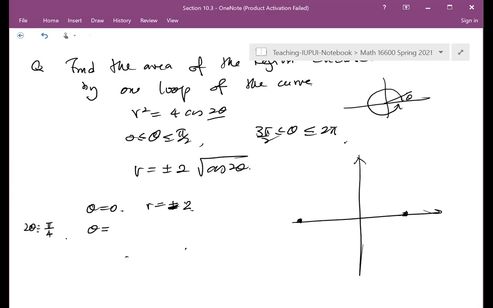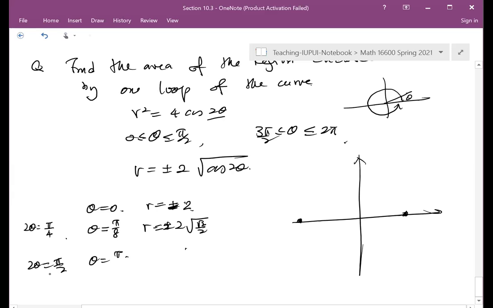So in the middle, that's theta equals pi over 8, and r is going to be plus or minus 2 times the square root of a positive number, cosine pi over 4, which is 2 square root 2 over 2. Anyway, it's a positive number. When 2 theta equals pi over 2, cosine 2 theta is going to be 0. So anyway, the graph goes like that.